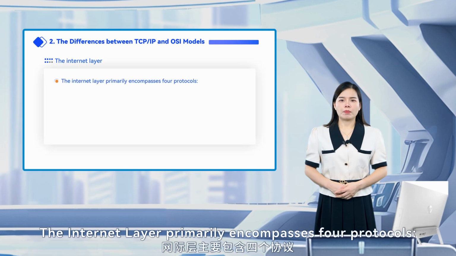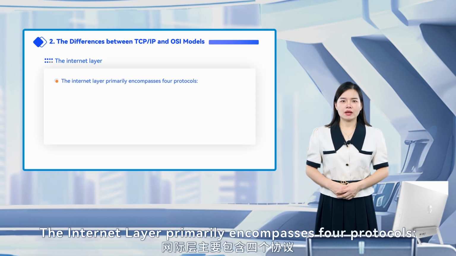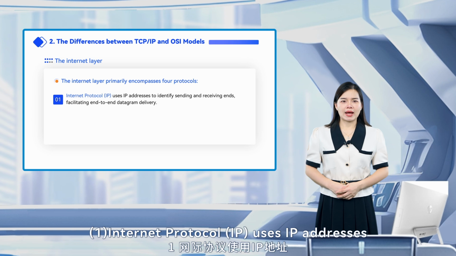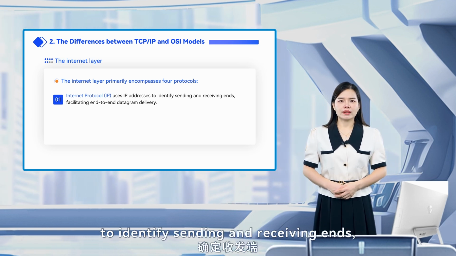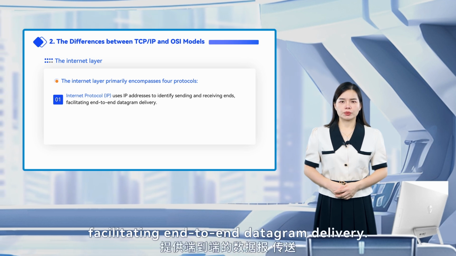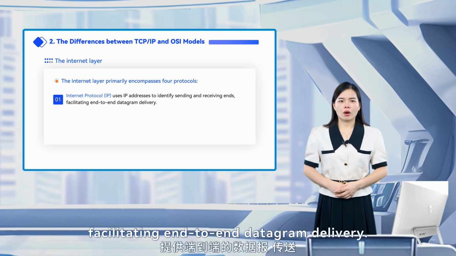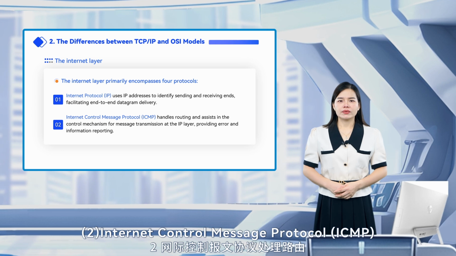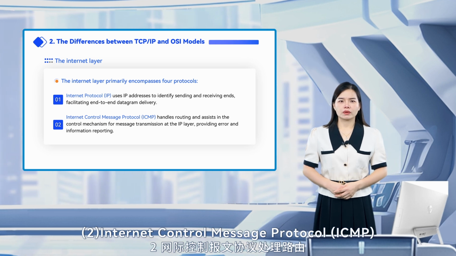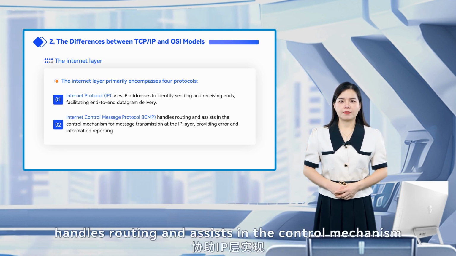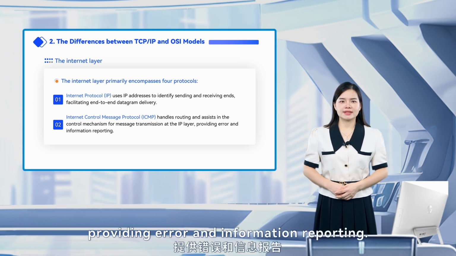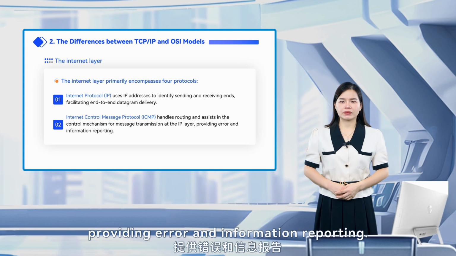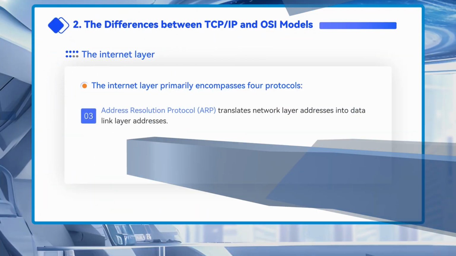The Internet layer primarily encompasses 4 protocols. 1. Internet Protocol, IP, uses IP addresses to identify sending and receiving ends, facilitating end-to-end datagram delivery. 2. Internet Control Message Protocol, ICMP, handles routing and assists in the control mechanism for message transmission at the IP layer, providing error and information reporting. 3.